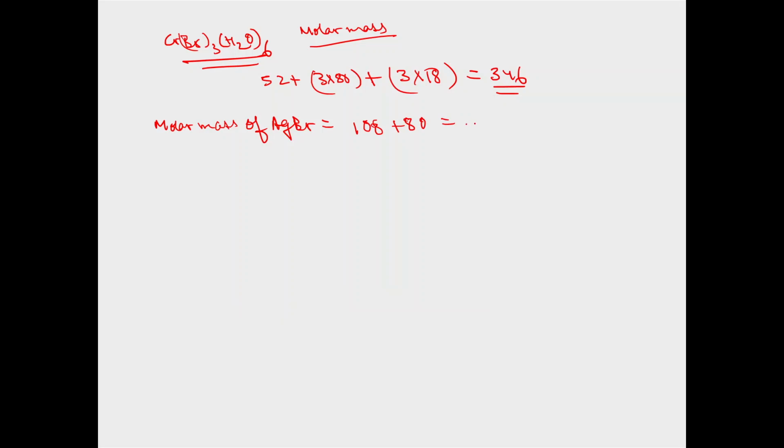So it is 188 gram per mole, and the complex is 346 grams per mole. Yes ma'am, while calculating the molecular weight there are 6 waters, then we will get 400. Thank you.